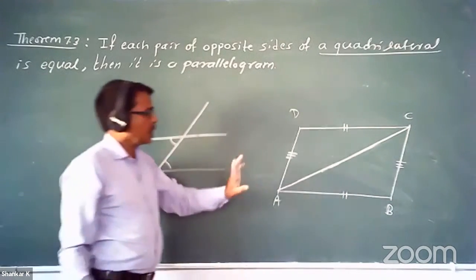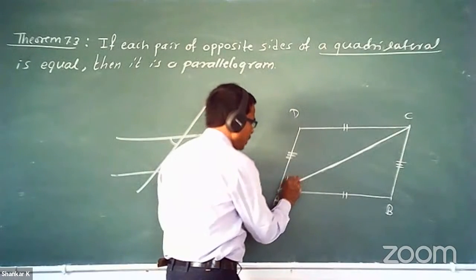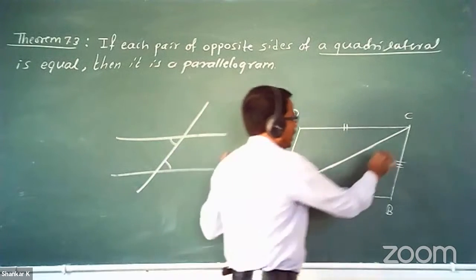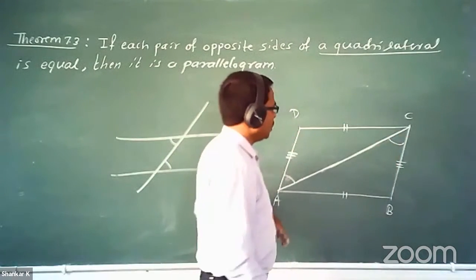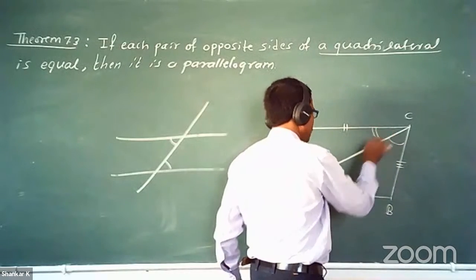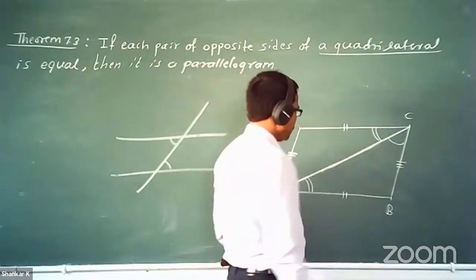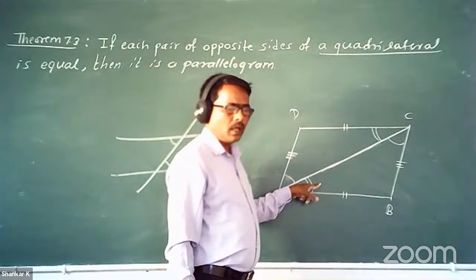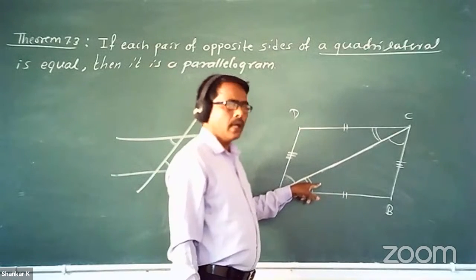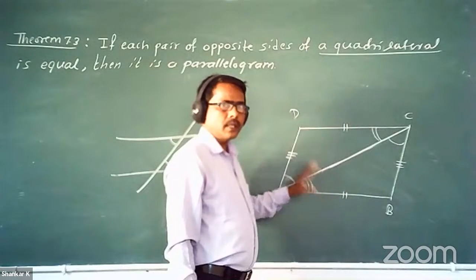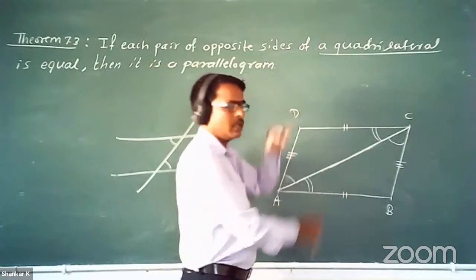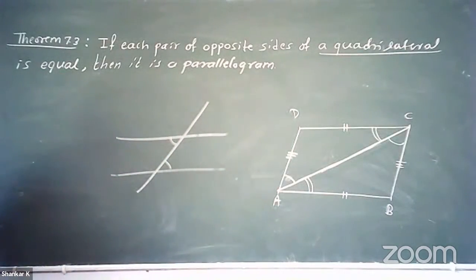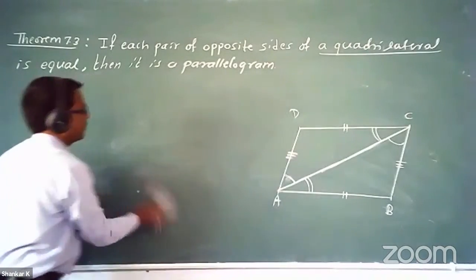Here we have to check whether this angle and this angle are equal, or these two. If you show that these two angles are equal, then these two lines will be parallel. Very simple. Already opposite sides are equal.